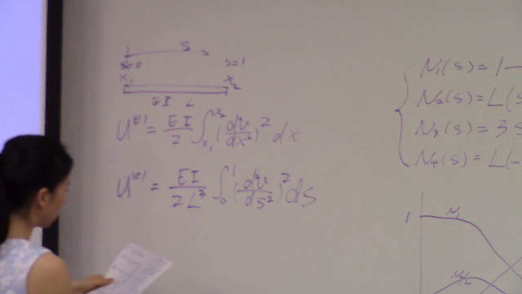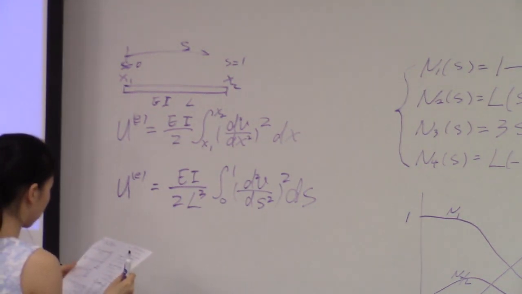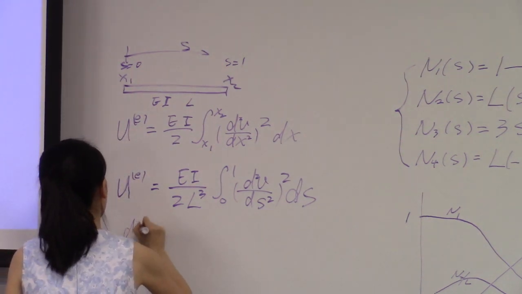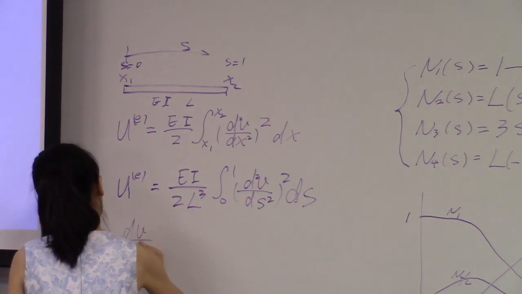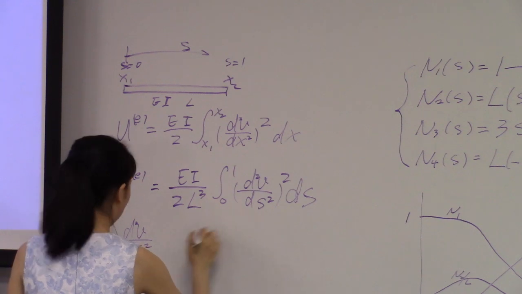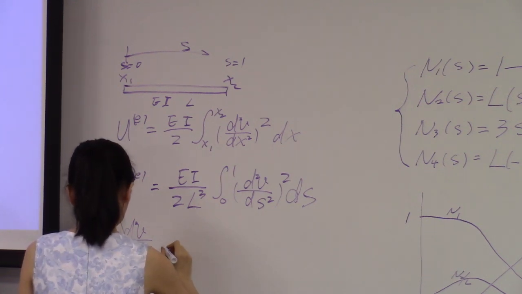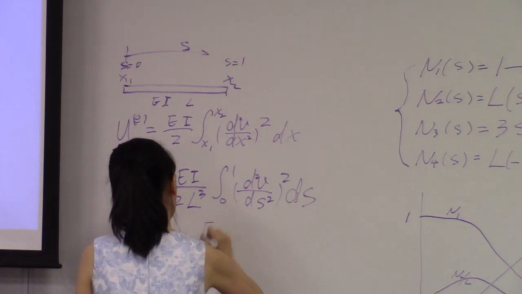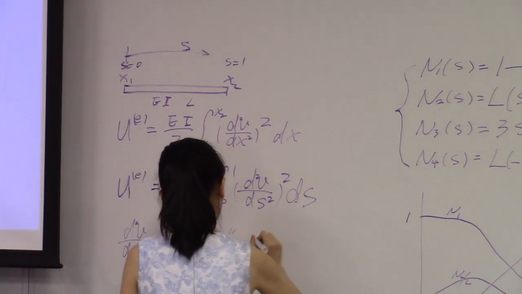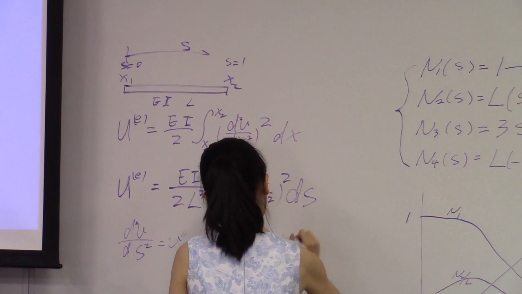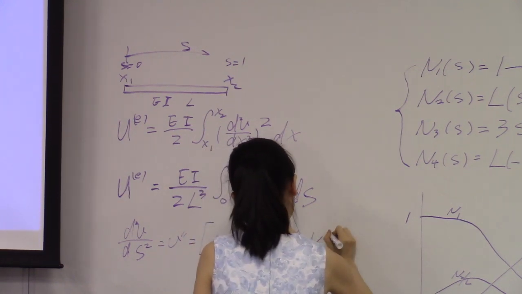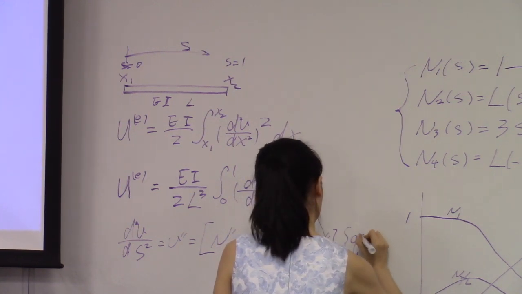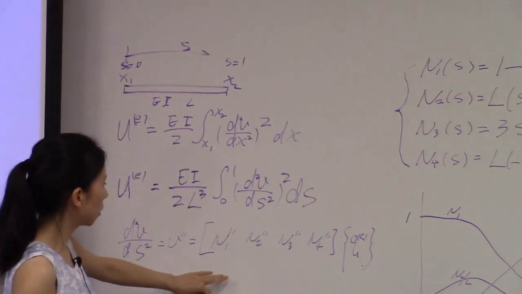So this is in s coordinates, and I think he also covered that for the second derivative of v with respect to s, this part can be written as N1 double prime, N2 double prime, N3 double prime, N4 double prime times Q. Right?